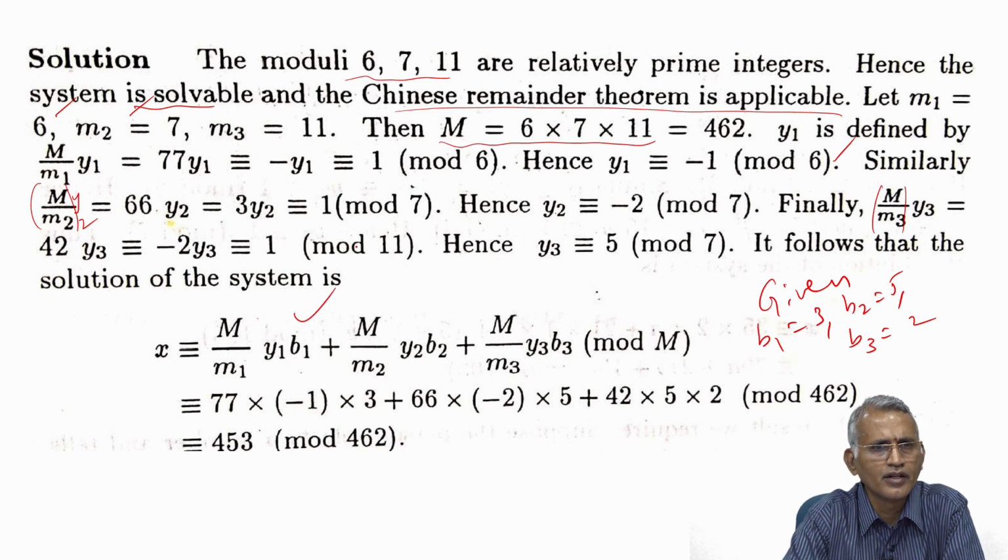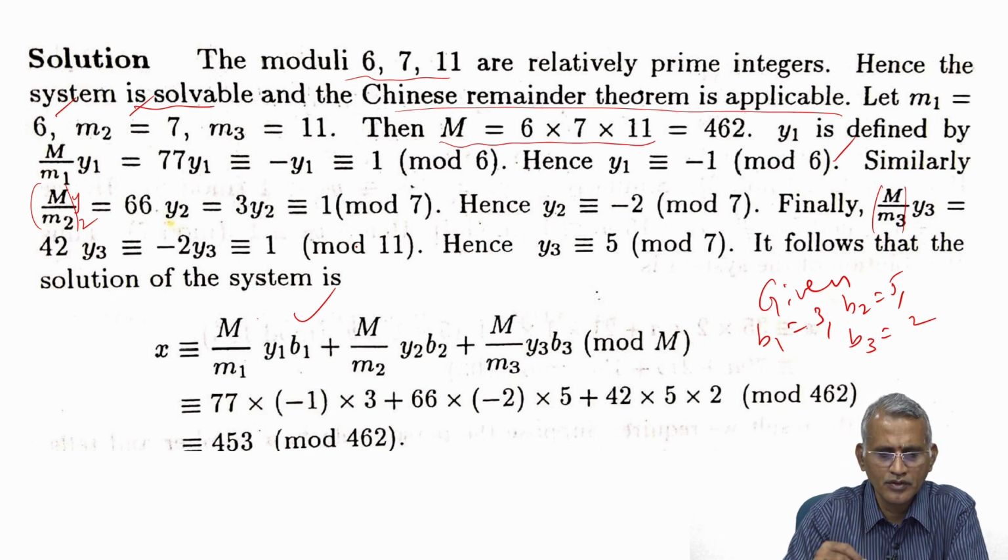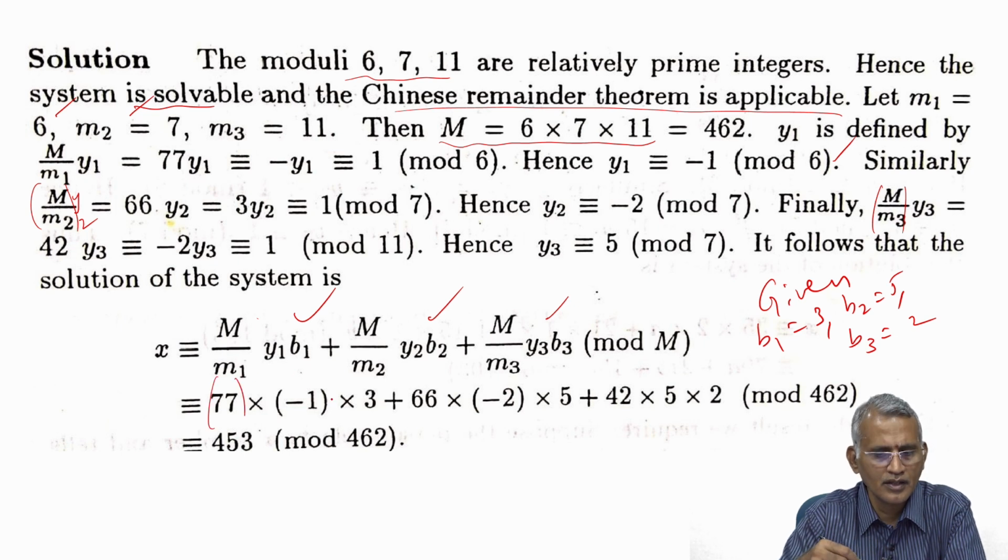We have 77 into minus 1 into 3, plus 66 into minus 2 into 5, plus 42 into 5 into 2, under modulo 462.